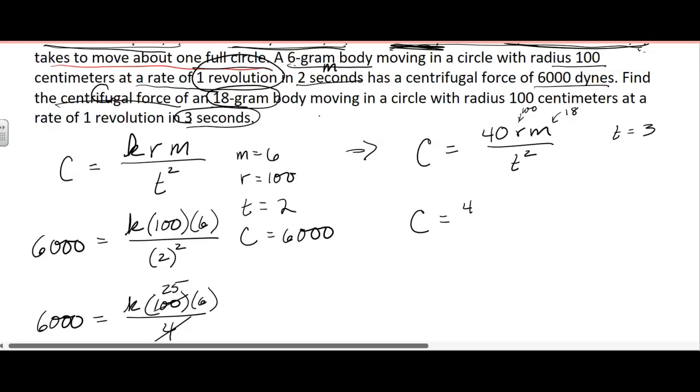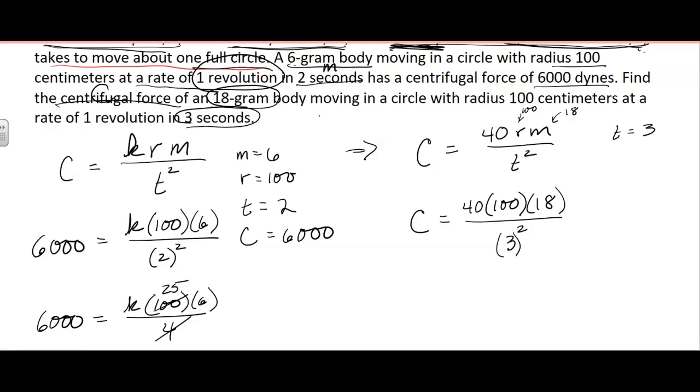So here we go. C equals 40 times 100 times 18 divided by 3 squared. Now, I know what 3 squared is. I know that's 9. So I'd probably go 40 times 100, probably multiply that out, but times 18 over 9.